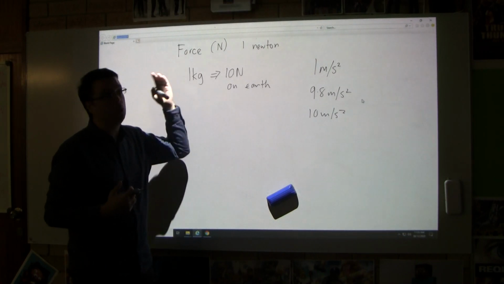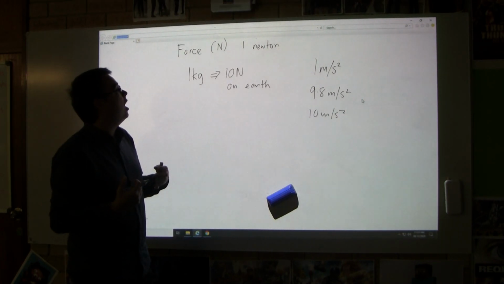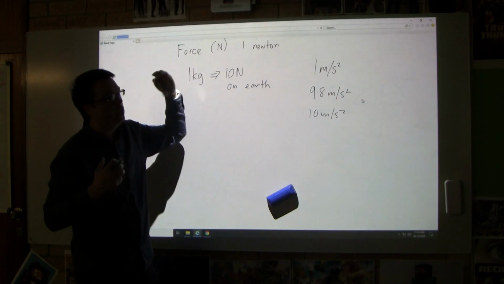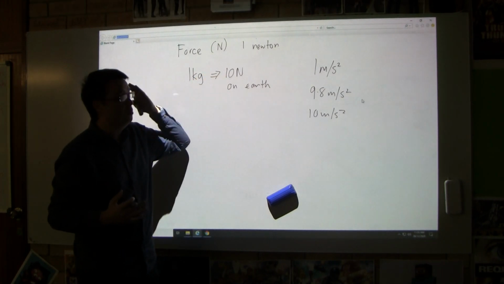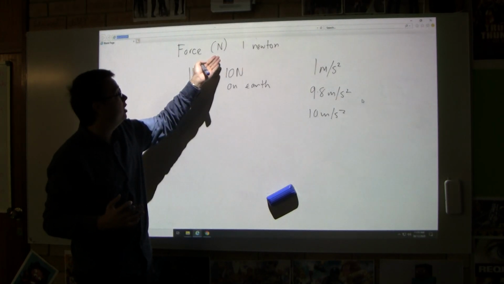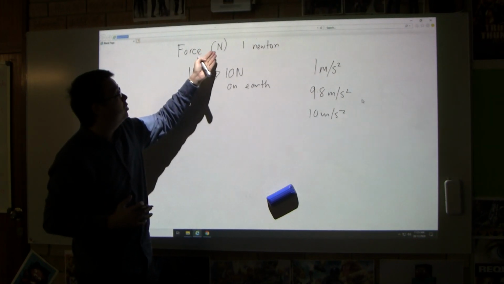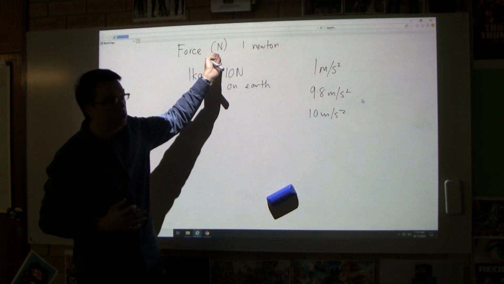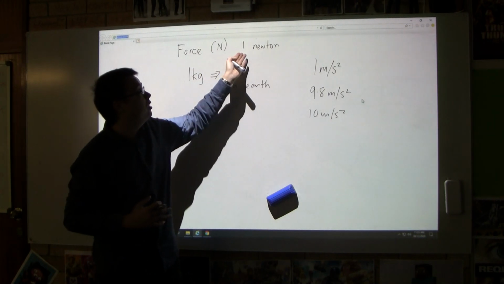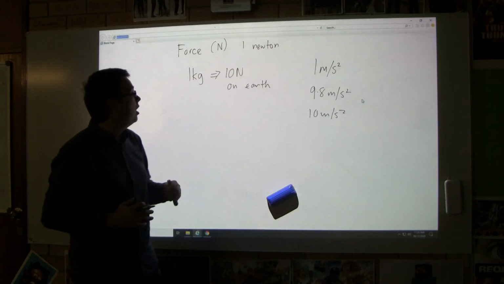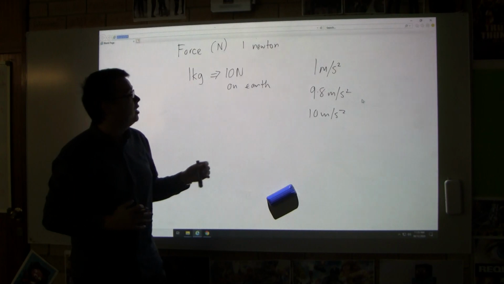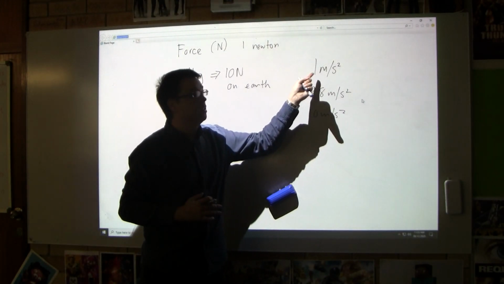A force is a push, a pull, a twist, or a bend. In Australia and most of the world, in Europe and pretty much everywhere scientifically, like NASA for instance, they measure forces in newtons, which is written as a capital N because it's named after a person, or the unit is written as 1 newton, lowercase. 1 newton is defined as 1 kilogram times an acceleration.